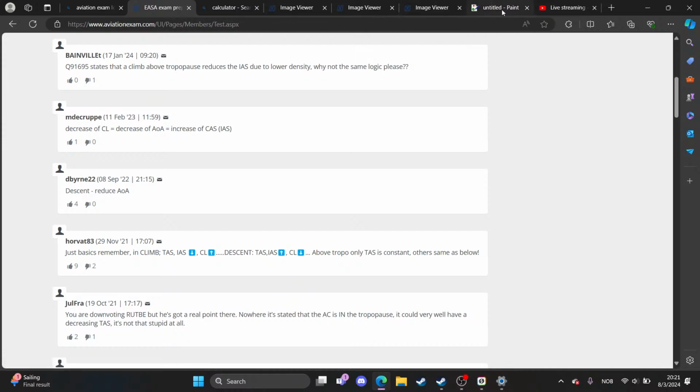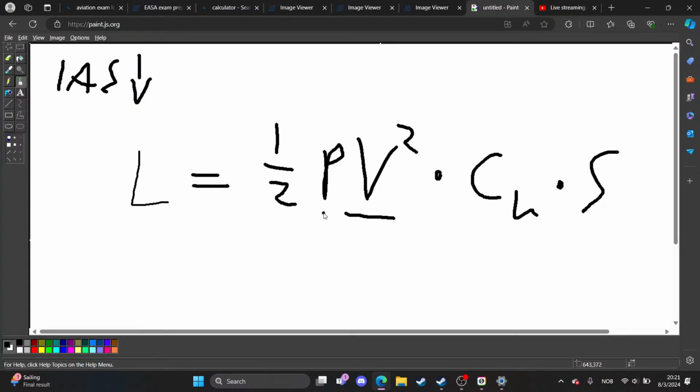Yeah, it's because of the density. I missed the density. Density is continuously going up, which means that indicated airspeed must go up.